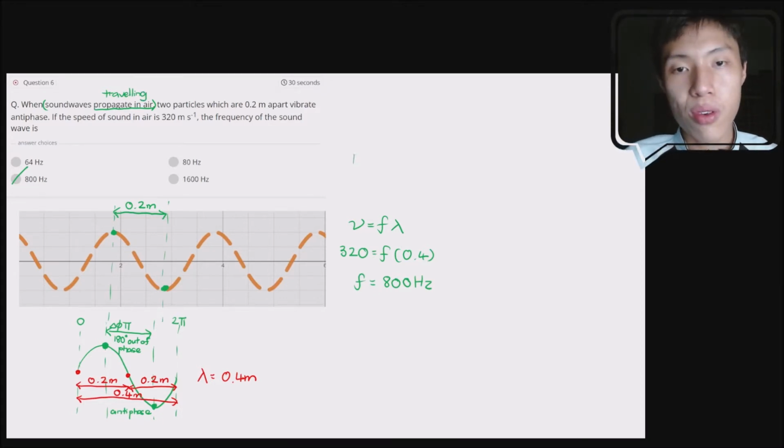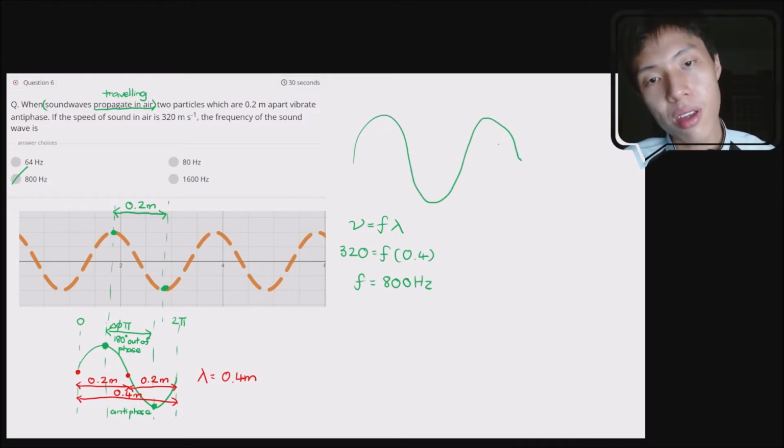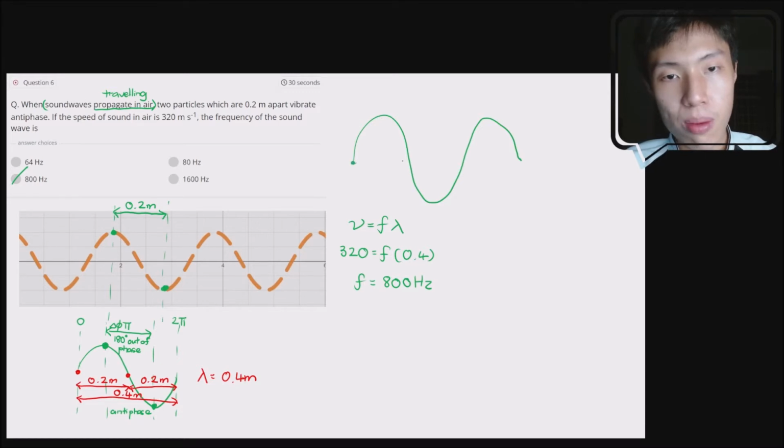Because for a standing wave, any particles in between two nodes, so this is node, node, node, node, all the particles in between two nodes are all vibrating in phase. So everything here is in phase.